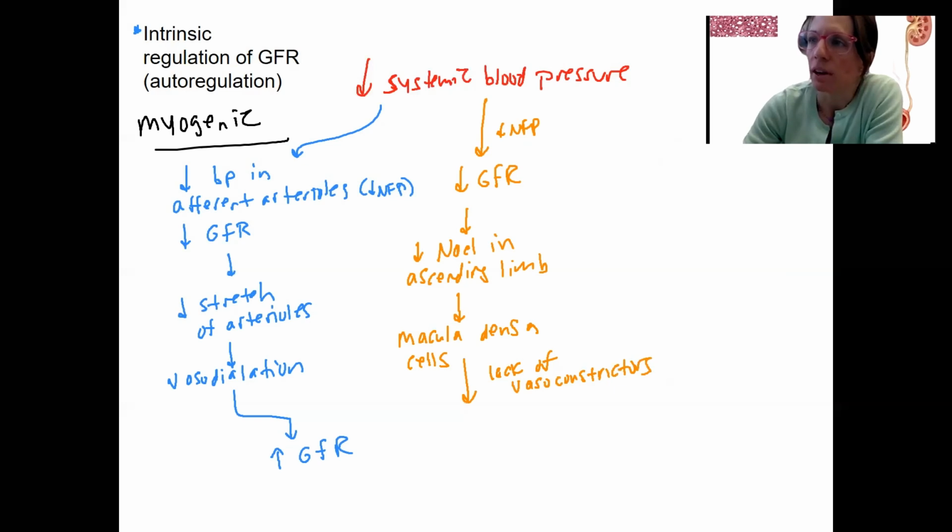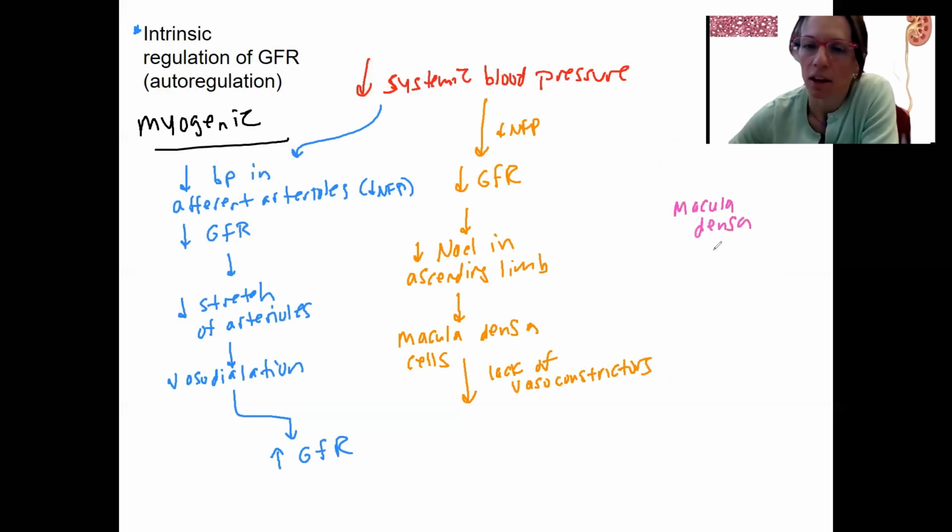So let me take a moment to tell you, and I should have had this in a previous slide, those macula densa cells with high blood pressure and then NaCl, high GFR, they are going to produce various things that vasoconstrict.